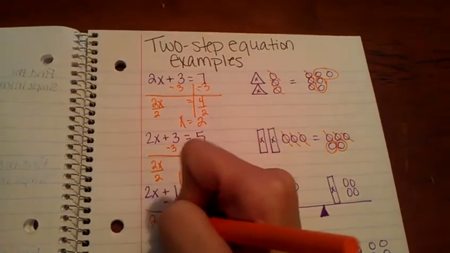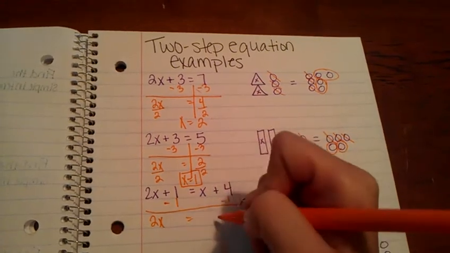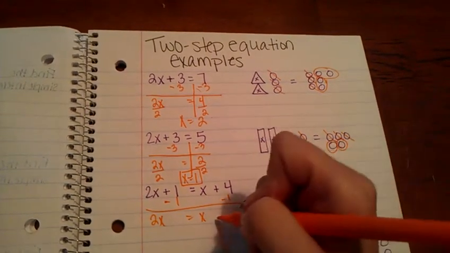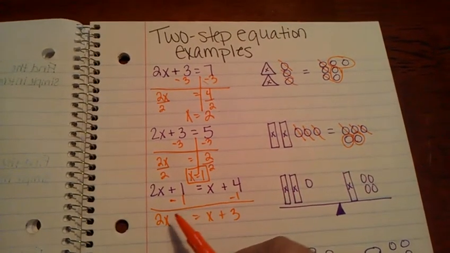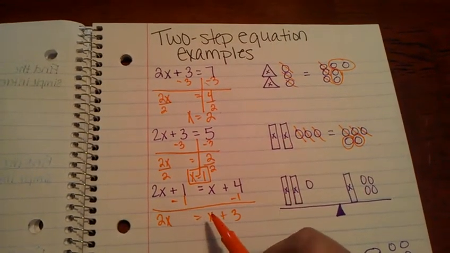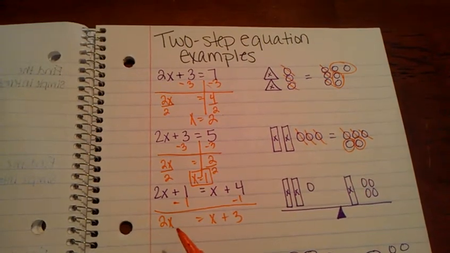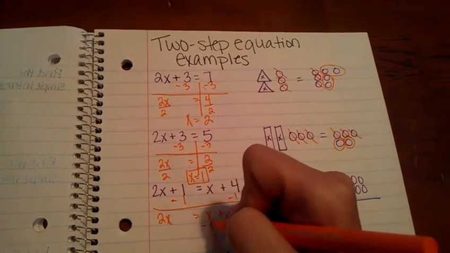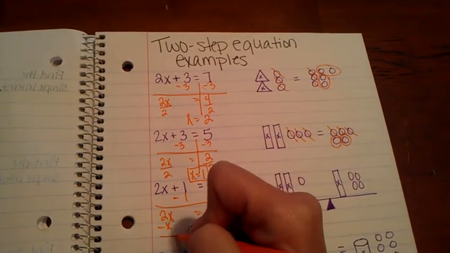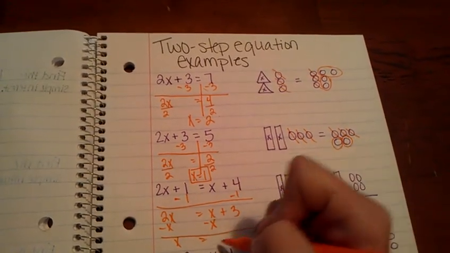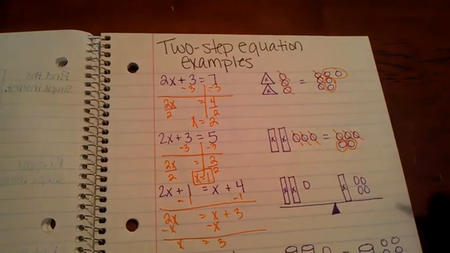So I'm left with 2x equals x plus 3. But I still have an x on both sides. I have to get rid of the x. You can only have x's on one side of the equation. So get rid of that x, get rid of that x, and I'm left with 1x is equal to 3.